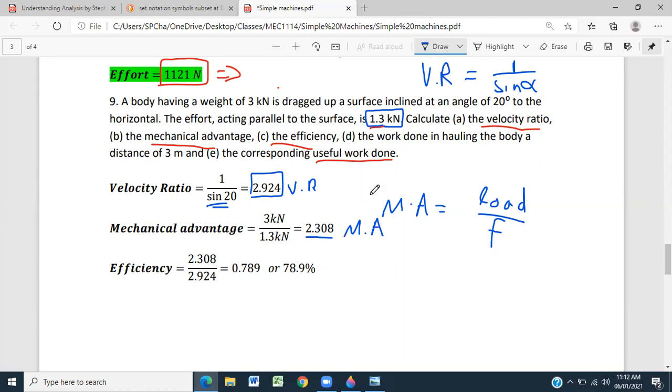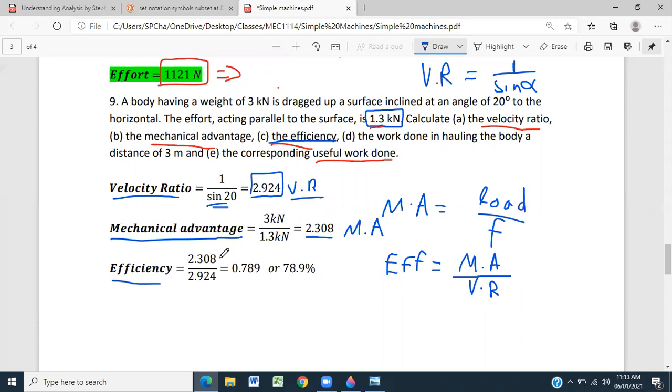Now, the next part, they ask us to find the efficiency. We just calculated the velocity ratio and the mechanical advantage. Using those two, we can complete the formula for efficiency. Efficiency is equal to mechanical advantage divided by velocity ratio.